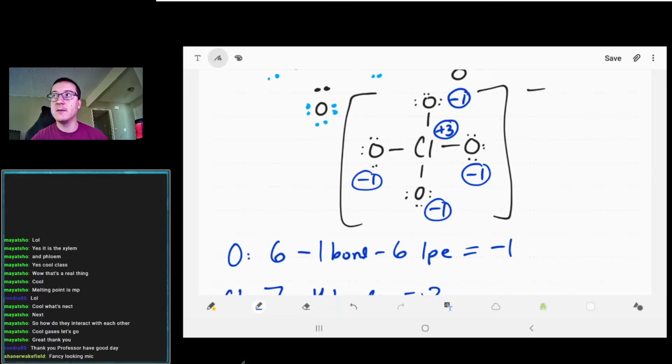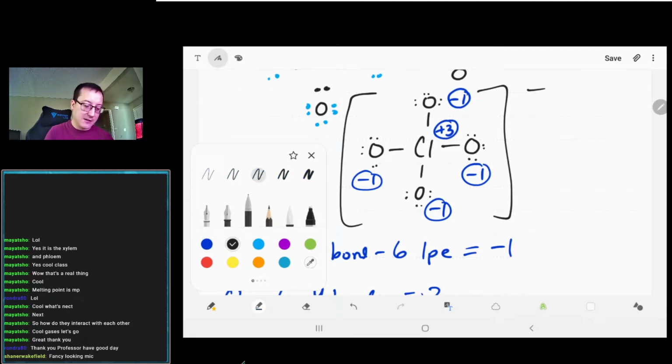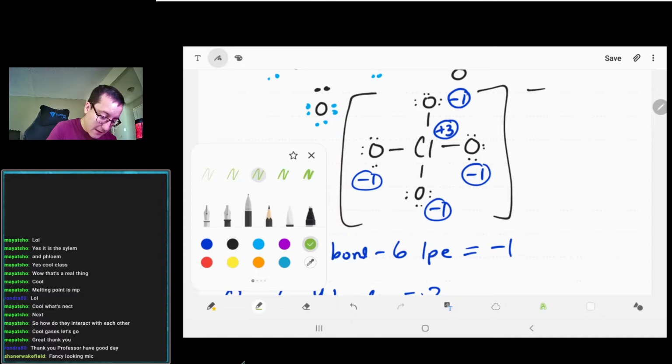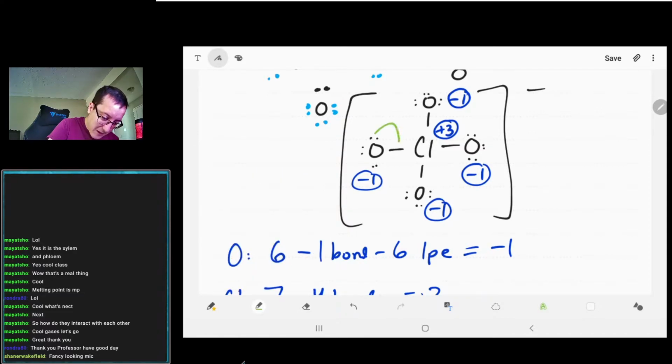So we can see here in this structure we have a ton of formal charges. Not ideal. And so we see that there is a way to mitigate these charges by forming multiple bonds. So what's going to actually happen is 3 of these oxygens are going to form double bonds with chlorine. It does not matter which 3, by the way. We'll talk about that in just a second.